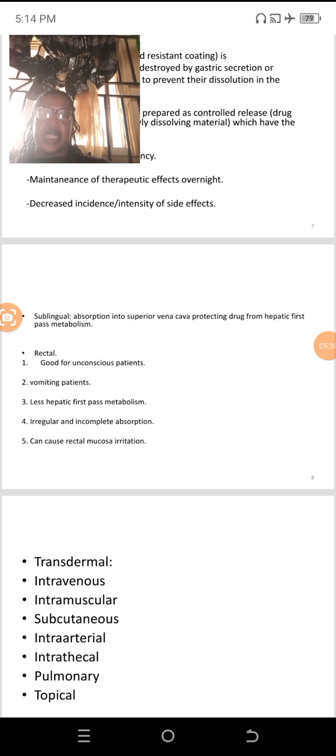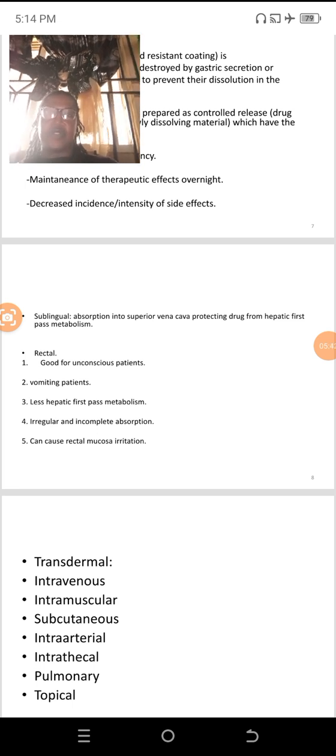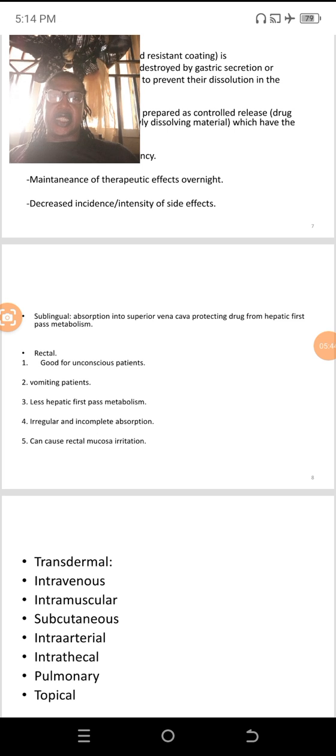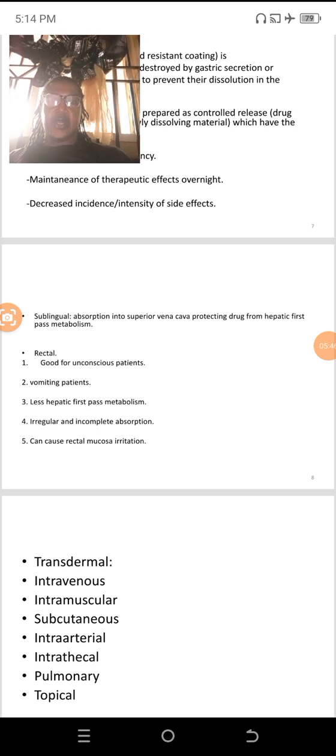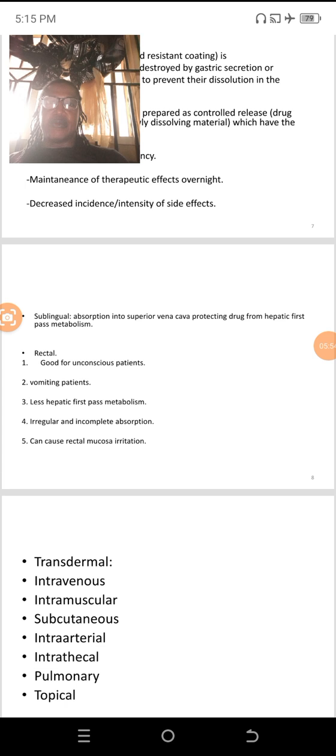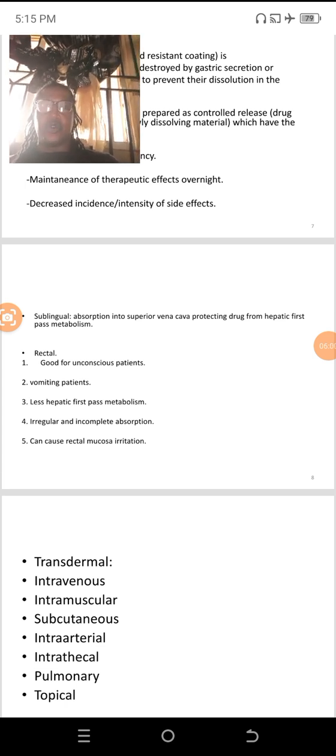Another characteristic of the rectal route of drug administration is that they are subject to less hepatic first pass metabolism. However, drugs that are administered through this route are subject to irregular and incomplete absorption, and the drugs can also cause rectal mucosa irritation.